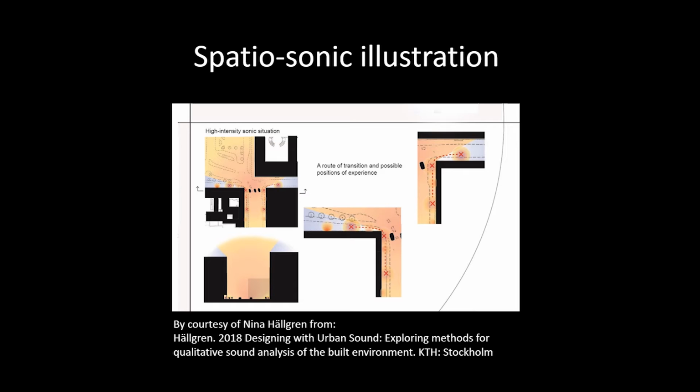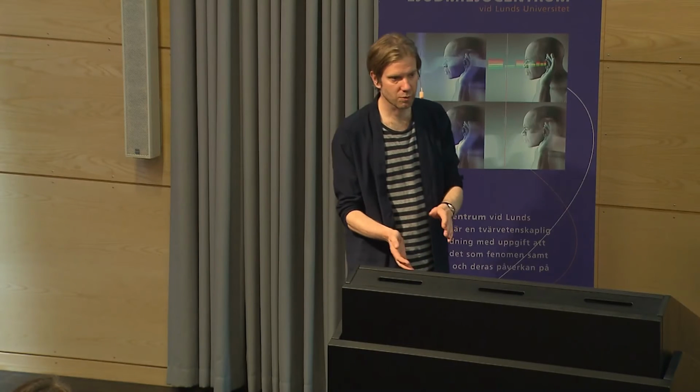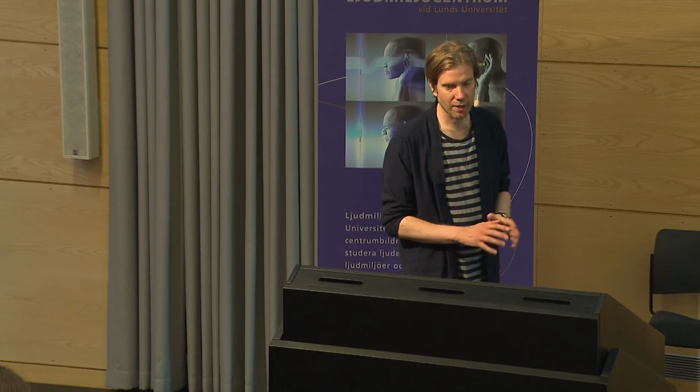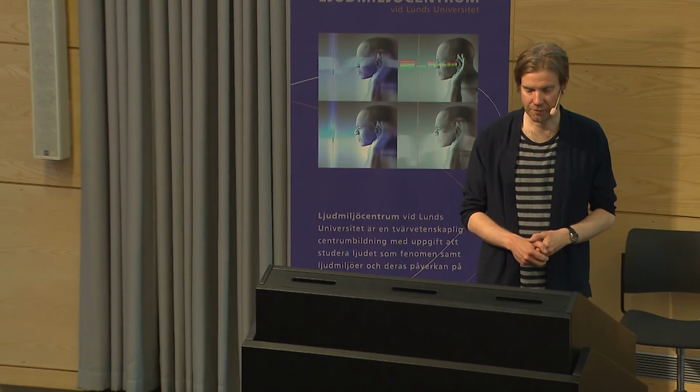For instance, we can see how the noise is quite rapidly diminishing around a corner, and this creates not only a change in sound pressure level, but also a kind of experiential effect. So, for instance, there is an effect called cutout when you are doing a transition from a very loud space to a very quiet space. It can seem to be very tranquil because of the contrast effect.